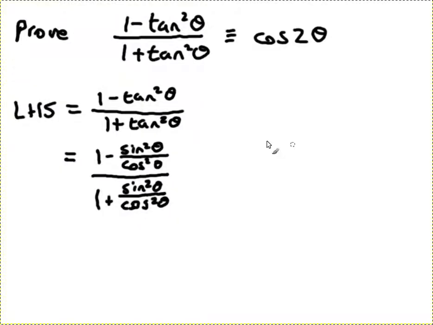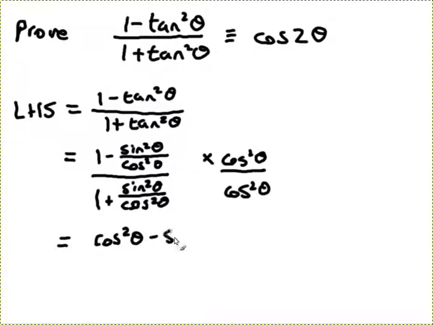The reason why we might choose to do this is because then we could multiply top and bottom by cos squared theta, yielding cos squared minus sine squared on the top, but cos squared plus sine squared on the bottom.